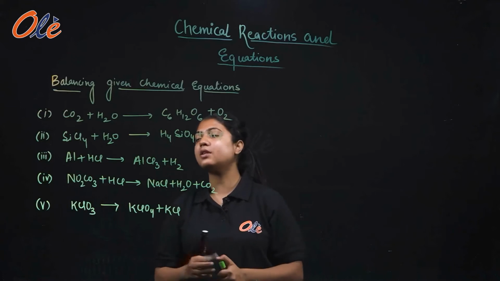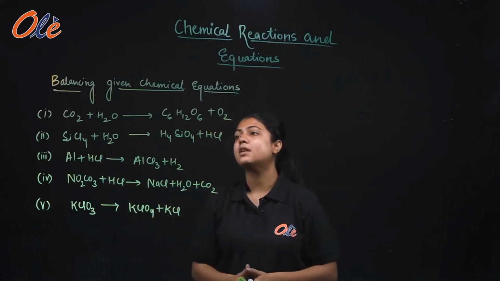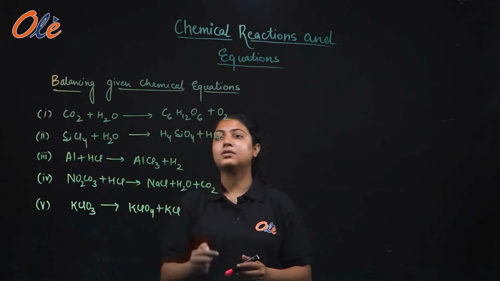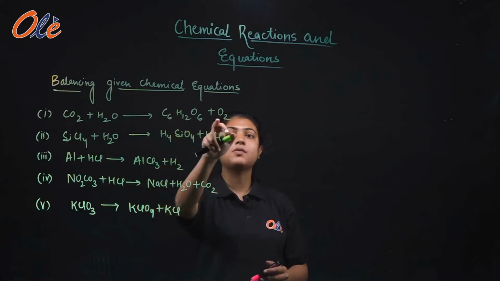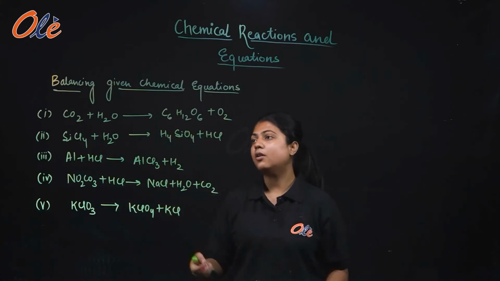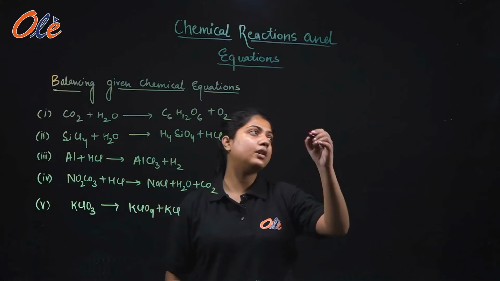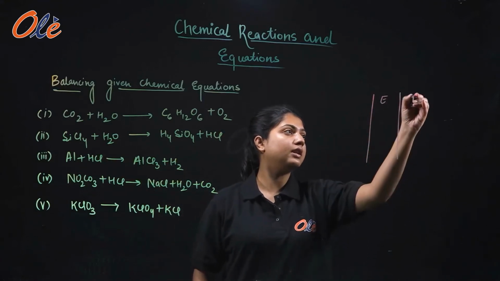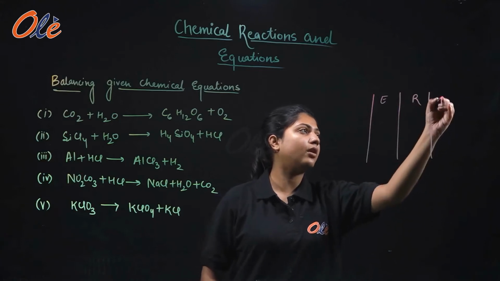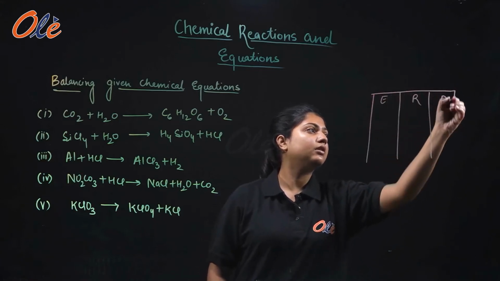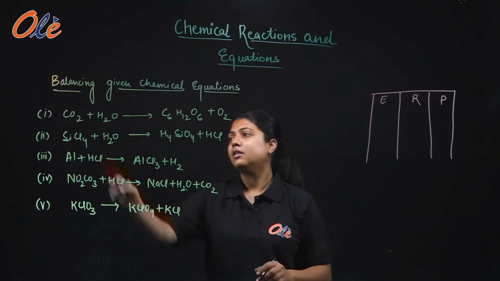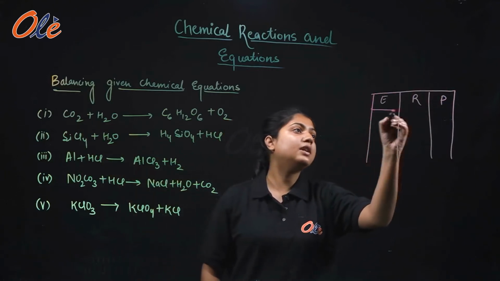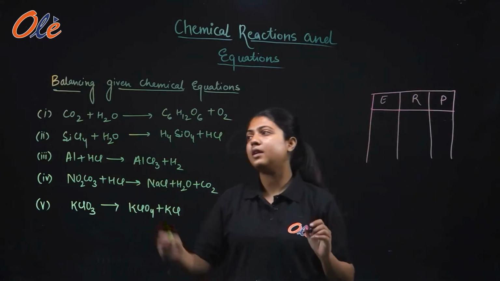So the first equation that is given to us is CO2 plus H2O, that gives out C6H12O6 plus O2. Okay, so what we're gonna do here, we're gonna make the table of elements, reactants and product, and then name the elements here, write the symbol of elements here.